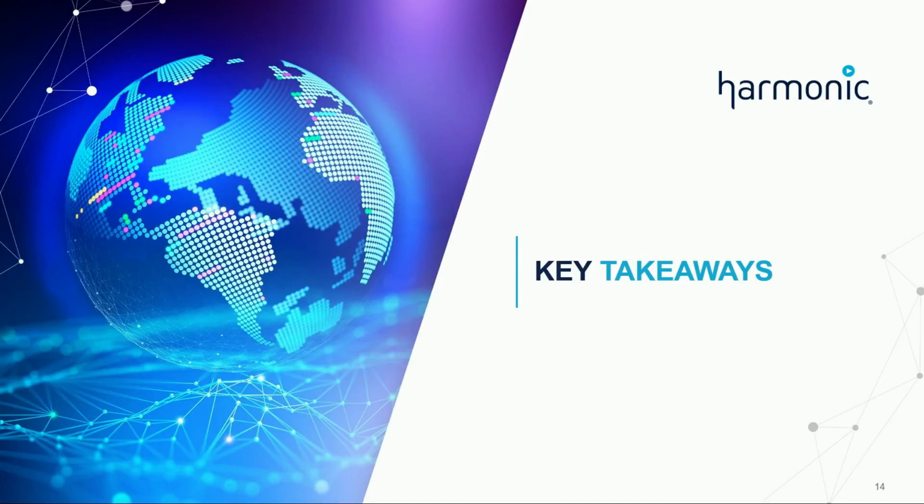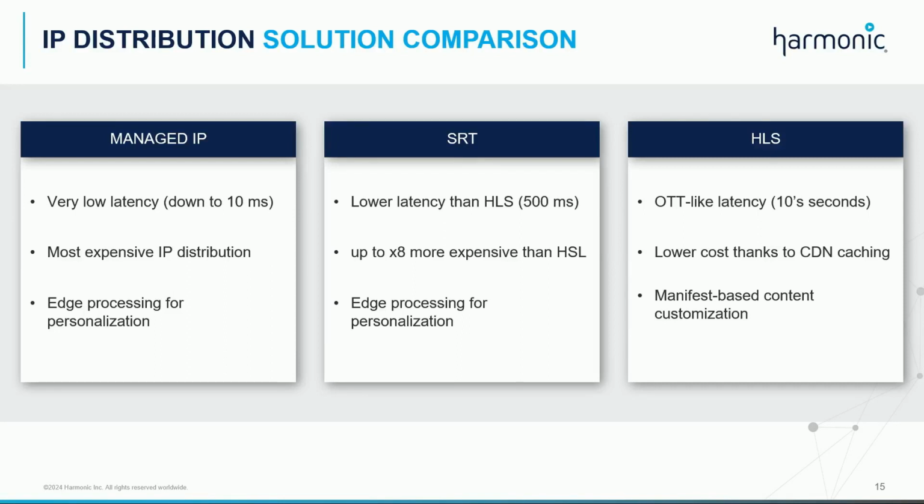So, moving to the takeaways and what I would like you at least to remember from this short presentation. We have seen essentially three main categories of IP distribution possibilities.